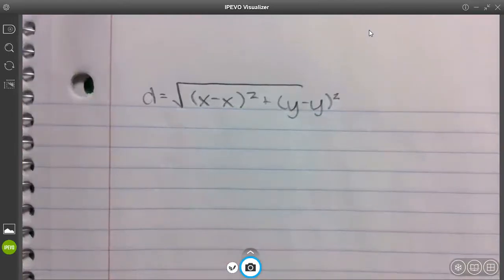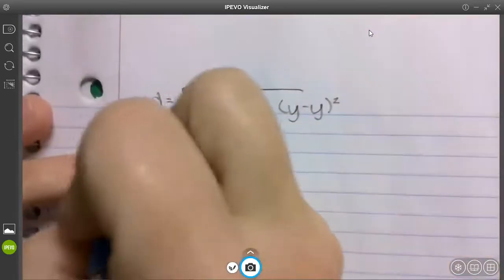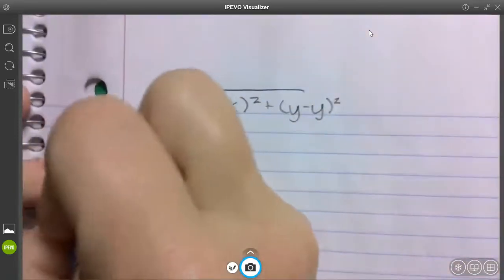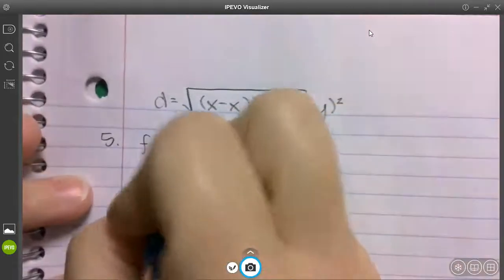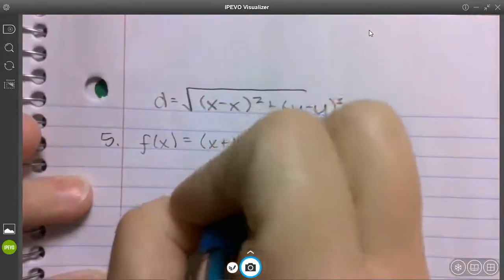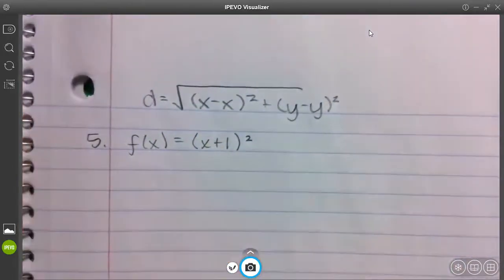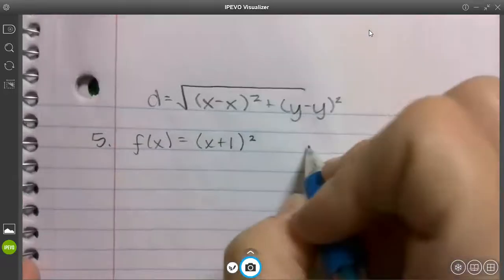So it says find the point on the graph of the function. For number 5, you have the function f of x equals x plus 1 squared. Since this is kind of a bigger function, it's actually going to make it a little bit harder. Not bad, it's just a lot of multiplying. That is closest to the point -5, 1.